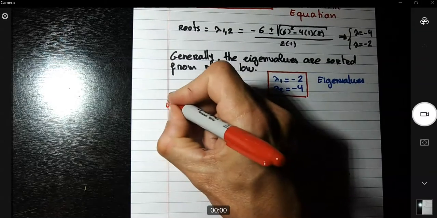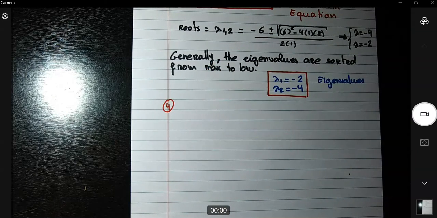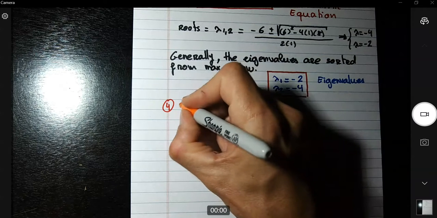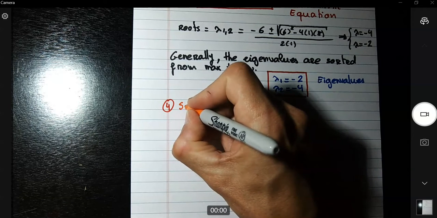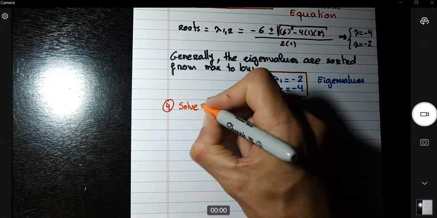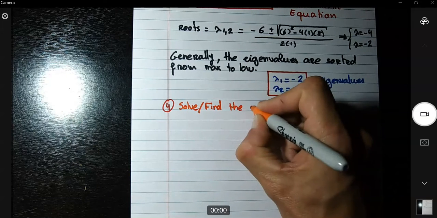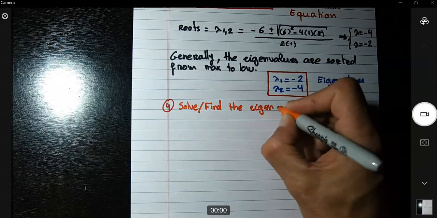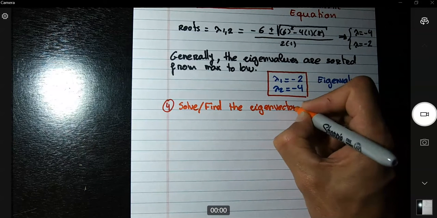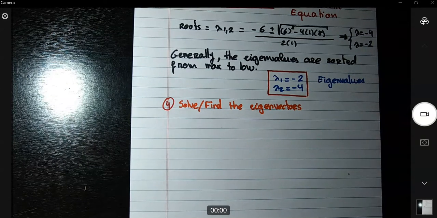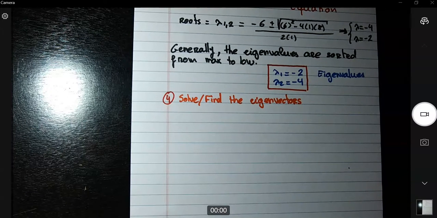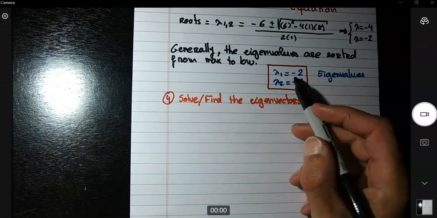So that is step 4: solve or find the eigenvectors. For that, we do it for each one of the eigenvalues.